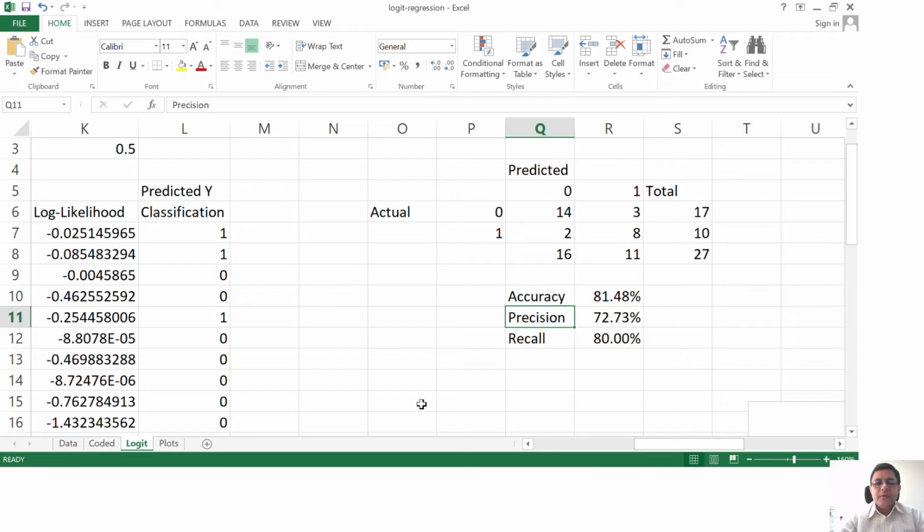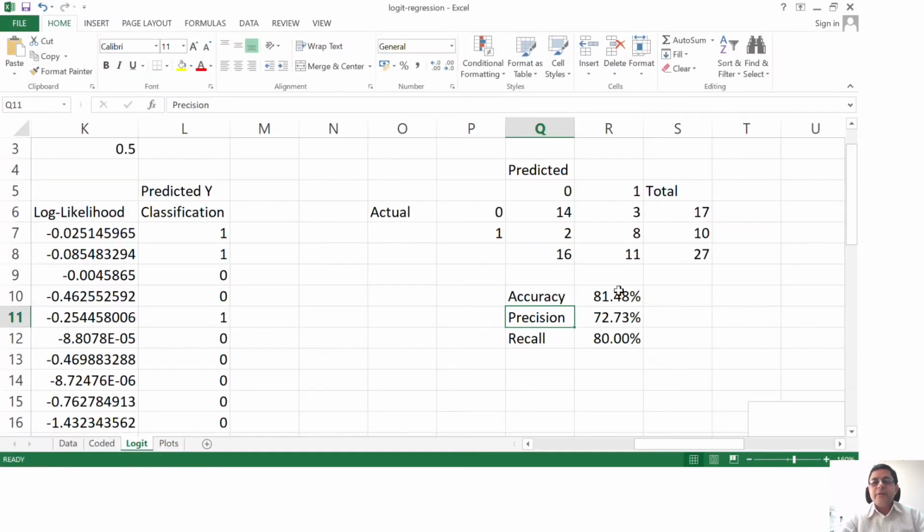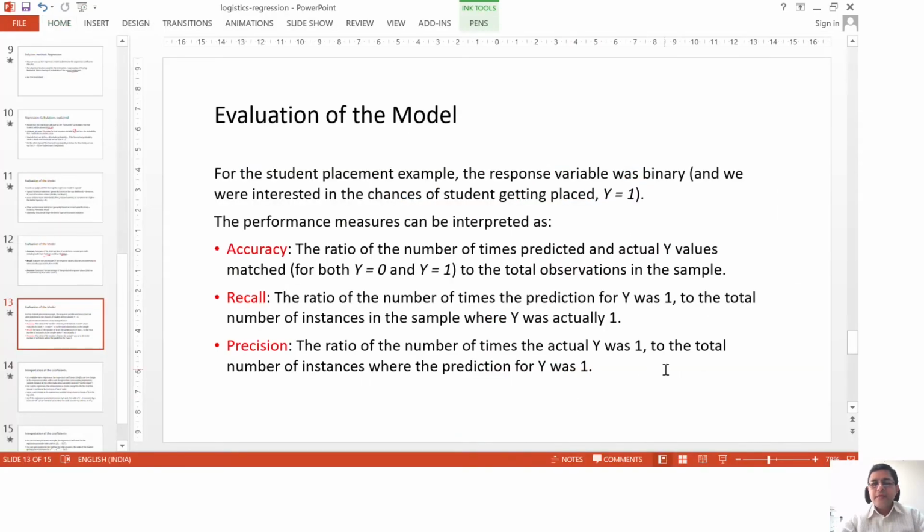What was precision? Oh, I calculated precision before recall. Here I have defined recall before precision. Doesn't matter. What was precision? Precision was the ratio of times y was actually 1 to the total number of instances where the predicted value was 1. Predicted value of y was 1 when it was actually 1 is 8, right? And what is the denominator?